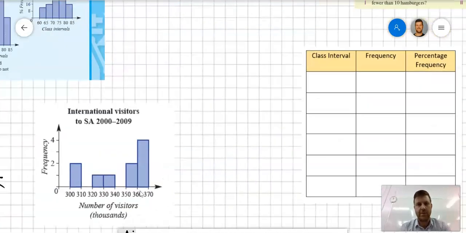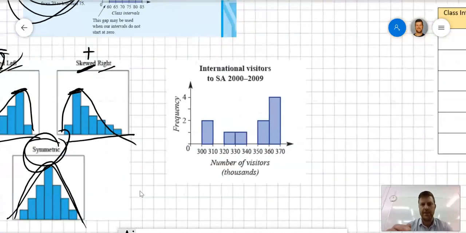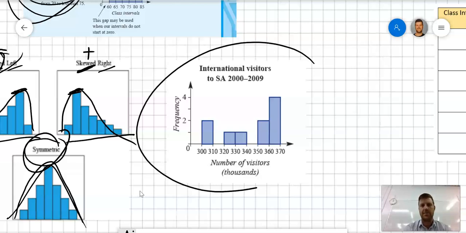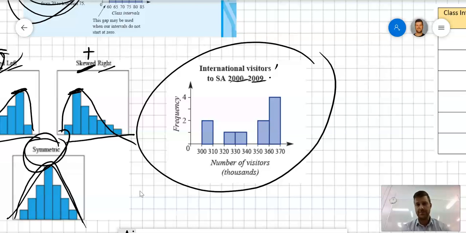One other feature I want to point out before I go into an example is that I know I said there's no gaps in between the columns, but essentially there could be. This histogram here is showing international visitors to South Australia between the years 2000 to 2009. So it's saying that between 300 and 310 visitors happened twice in 2 years.